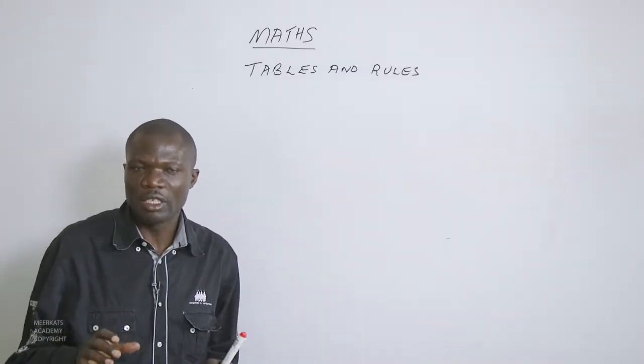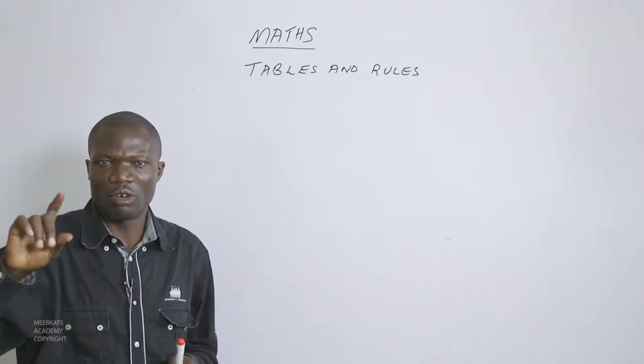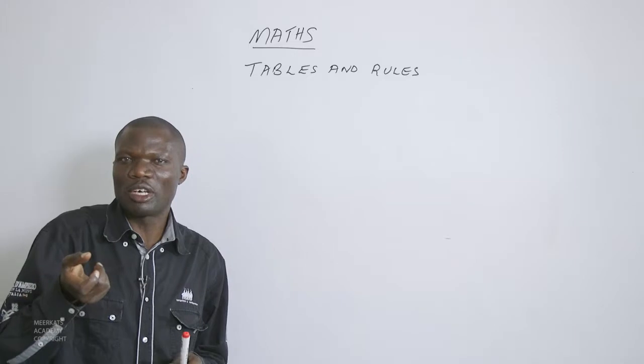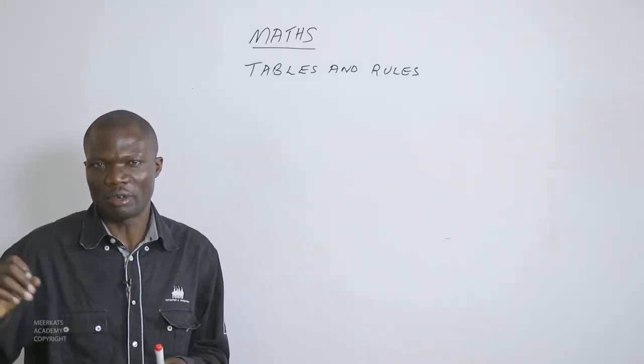Now let us see. We have used a rule to develop a table of values. Now we want to look at the table of values, and then develop a rule.